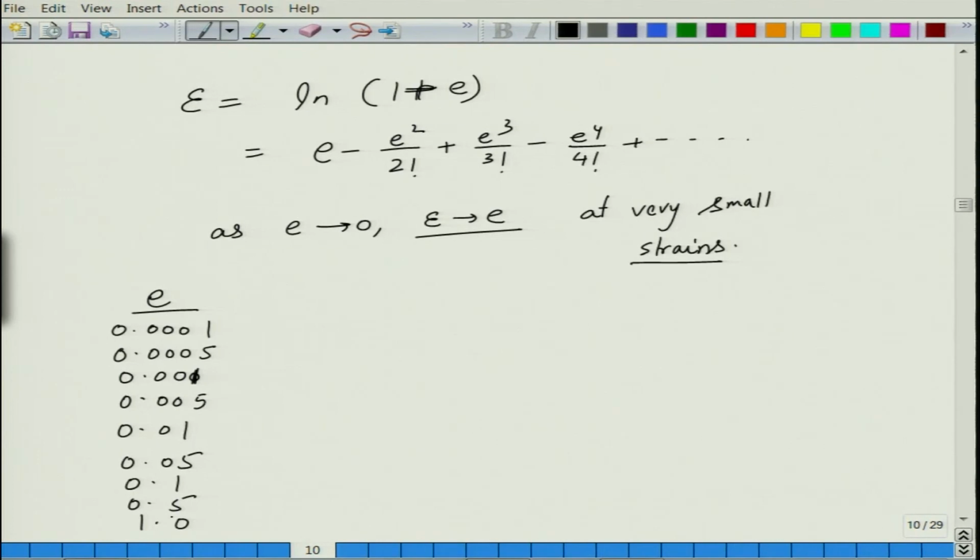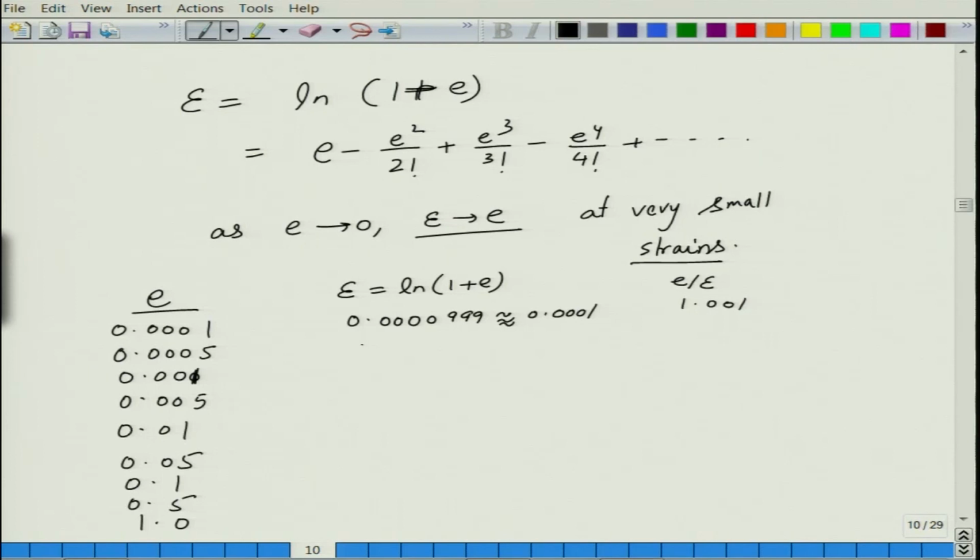These are the values of small e which are changing. So if we now calculate epsilon, which is ln 1 plus E, at 0.001 of engineering strain, the value is 0.0000999, which is equivalent to 0.001, and if you calculate the ratio, this turns out to be 1.001.